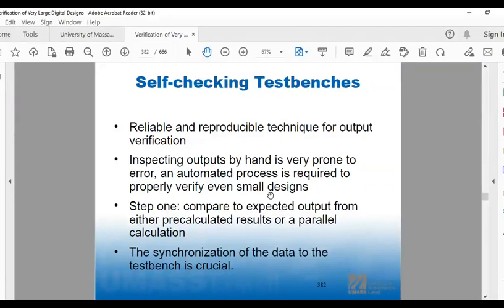So this is what I said. When you have known good data, synchronizing that known good data to the data coming out of your simulator can sometimes be challenging. So in my radio example, I have radio signals in the air and I hold up an antenna and I gather that data and then I process that data and know what the result should be. Is the latency of that processor the same as the latency of my chip? Unlikely. So synchronizing those results.